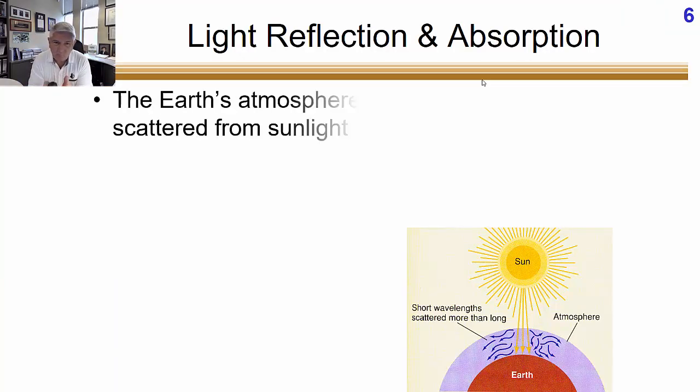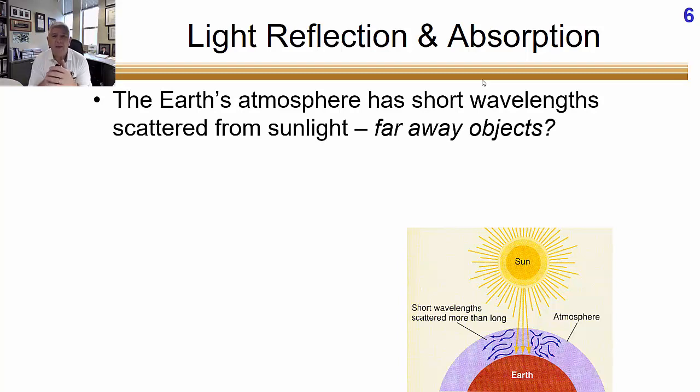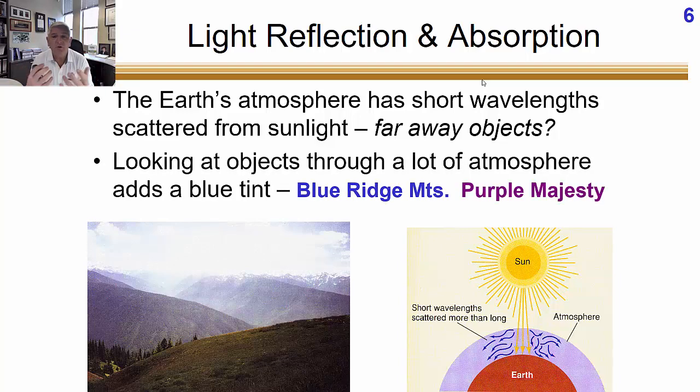Okay, so if the Earth's atmosphere generally scatters short wavelengths of light, right? What about if we see big objects that are far away, like skyscrapers in the distance or mountains in the distance? They take on a bluish tint, right? So we call them the Blue Ridge Mountains, or in the song Purple Majesty, right?